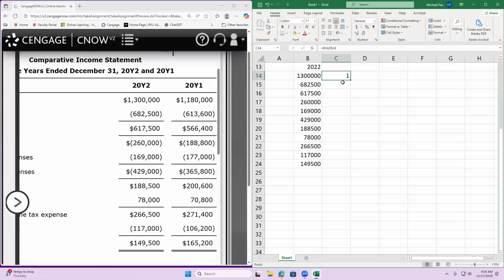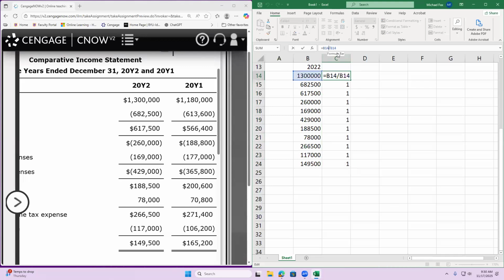Here's my problem though. Those of you who haven't used Excel a lot, pay attention. If I then use my little tool to fill, it's not going to work because it's going to bring down my cell reference on each one. And I want to keep dividing by this top one.